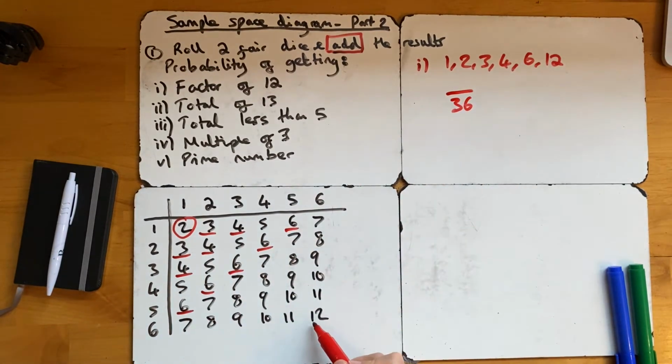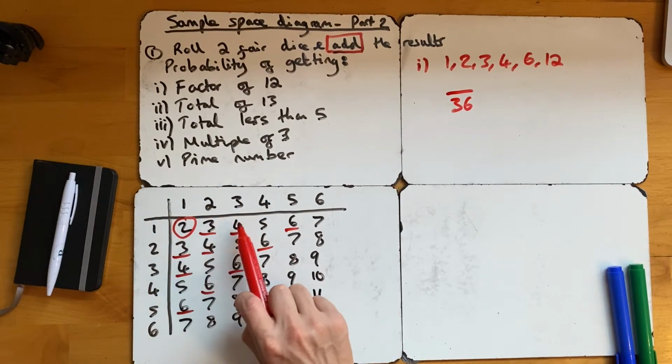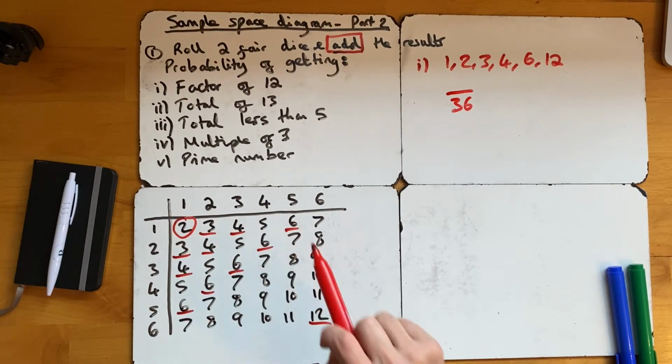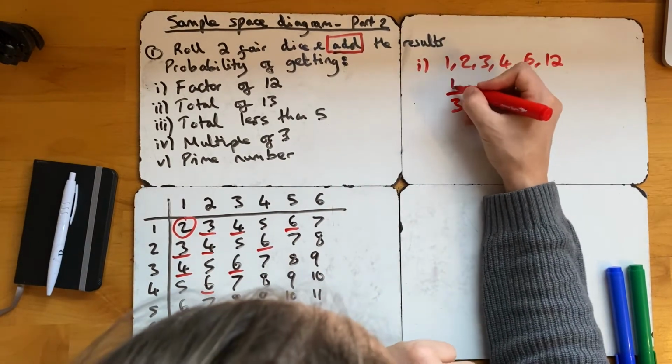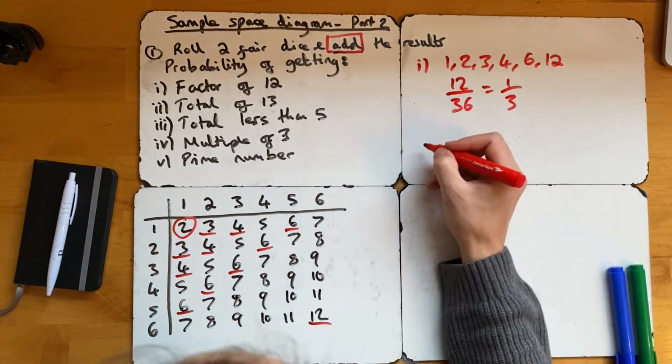And 12, 1 here. So you just add up how many of those results you've got. So 1, 2, 3, 4, 5, 6, 7, 8, 9, 10, 11, 12. So 12 out of 36, divide top and bottom by 12, and you have a third.